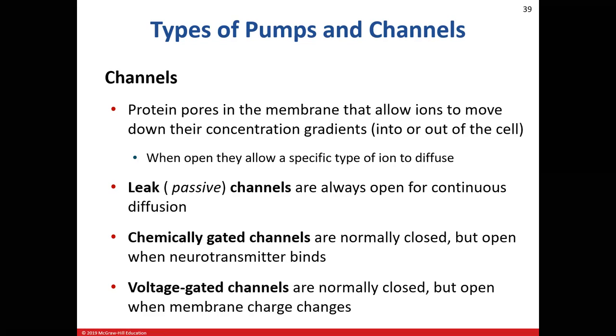Chemically gated channels are normally closed. However, they open when a transmitter binds to them. These are the channels we see within the synapse, as in the neuromuscular junction, where acetylcholine crossed the synaptic cleft and bound to our ligand-gated sodium-potassium channel.